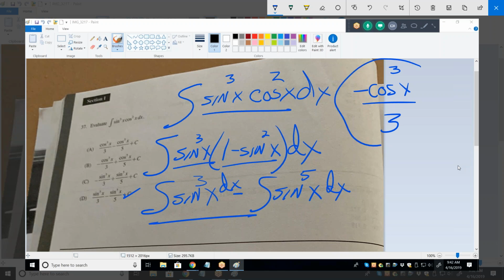Let's differentiate that and see if we get sine cubed of x. What I usually do when I'm differentiating cosine and sine is I pull the 3 out, so I put it in parentheses, so it makes sense. Okay, so let's pull a negative 1/3 out.